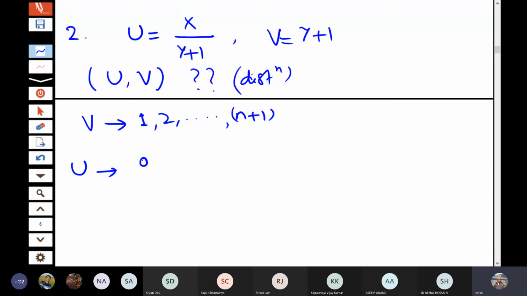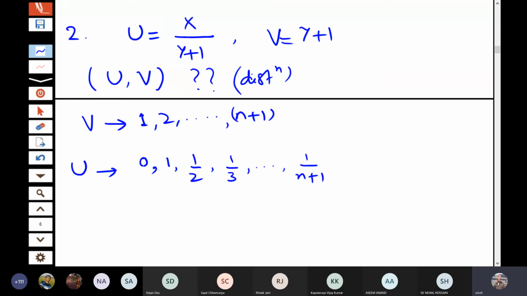So for example, if x is equal to 0, then it will remain 0. And then of course, if I am taking y is equal to 0, then this can become 1, 2 up to, okay. Let me write it in a sequential fashion. 1 by 2, 1 by 3, and so on, 1 by n plus 1.